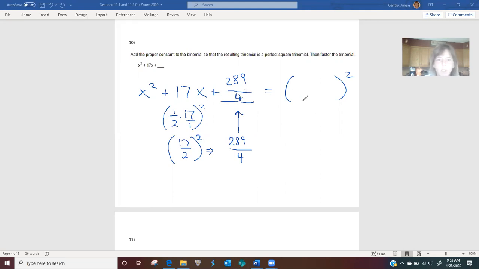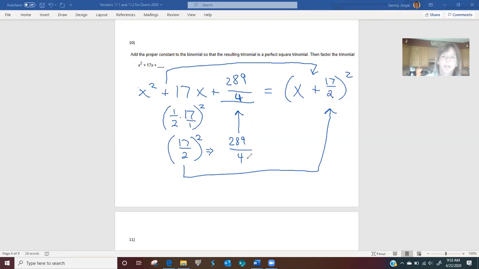Oh. And what is that trinomial in factored form? The inside goes inside. So you have an x first, because this is an x squared. We have a plus, because this is a plus. And then the inside of this we put right here.